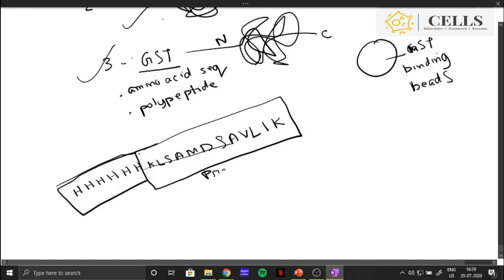This is not made by any lab, it is sent to a company. You send this sequence along with the 6 histidine tag, and the company will make this entire gene. Then you just put that gene into a plasmid. This is genetically made, pre-made for the purpose of isolation.